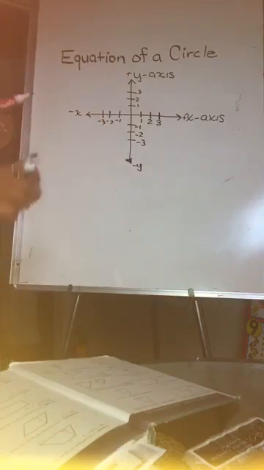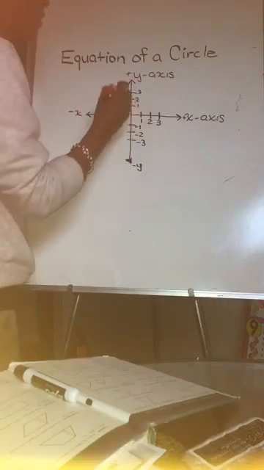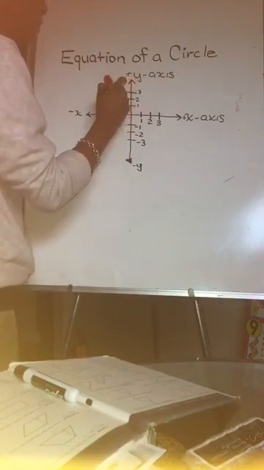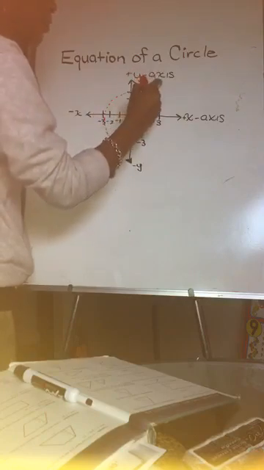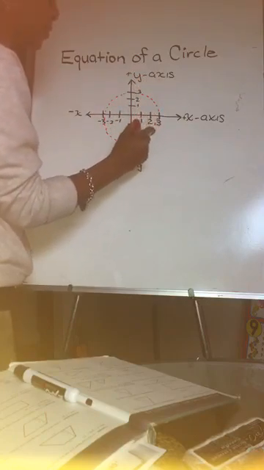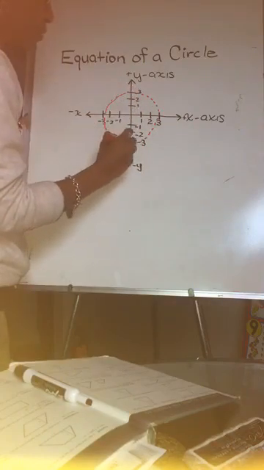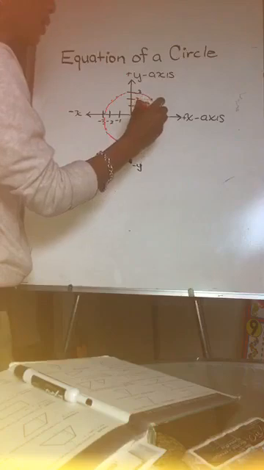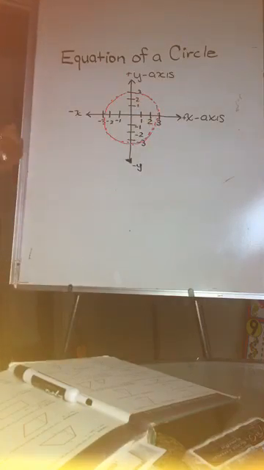All right, and I'm going to draw my circle. Maybe a little off, but this is my circle. Just kind of draw it with my dashed line so I can try to estimate. It's not a perfect circle, but it is a circle.